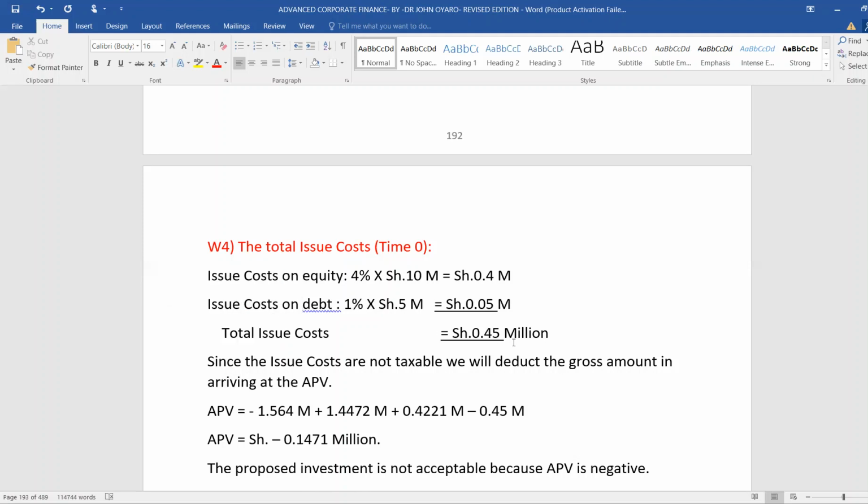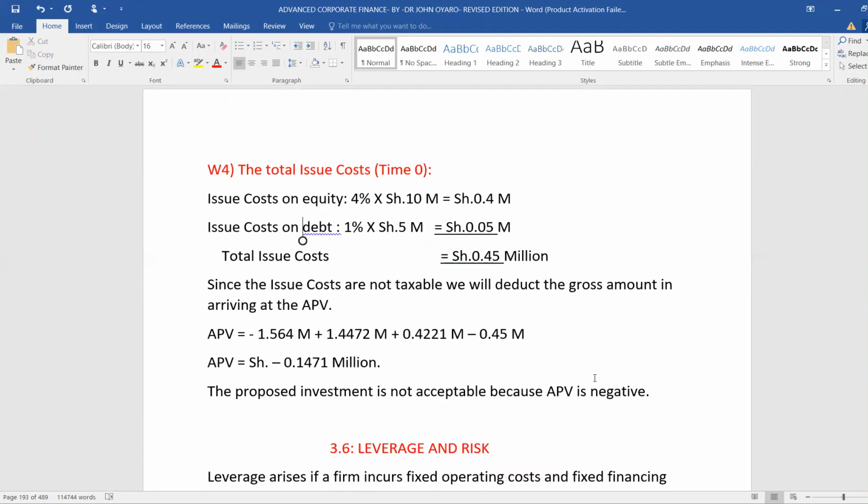So the total issue costs are 0.45 million, which are not tax deductible. Since the issue costs are not tax deductible, we'll consider the gross amount and no discounting of the issue costs because these are incurred at time zero.